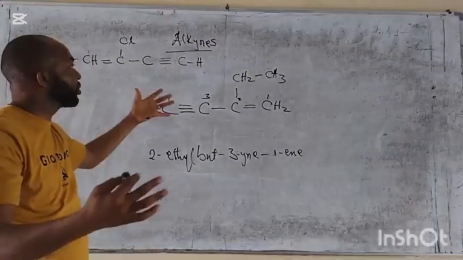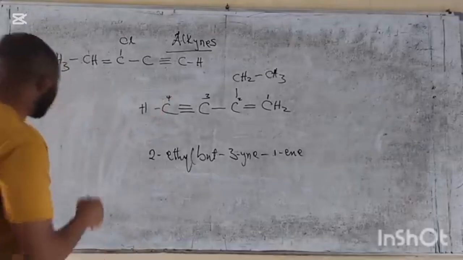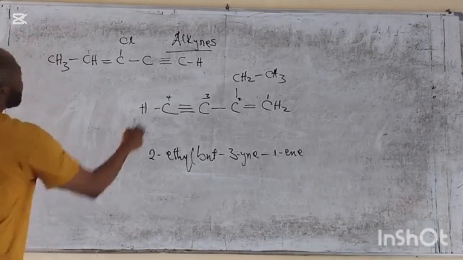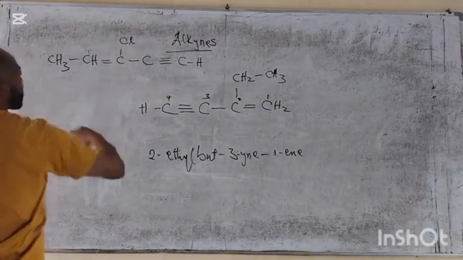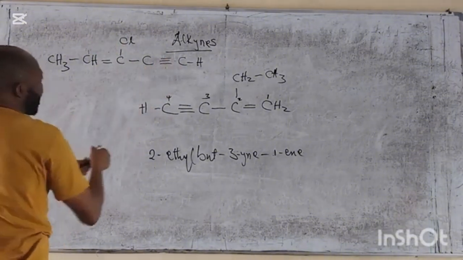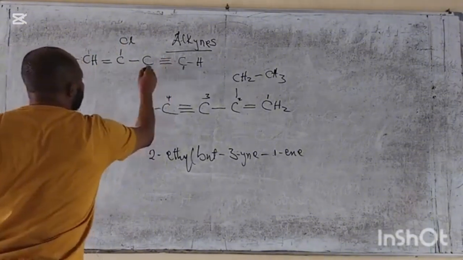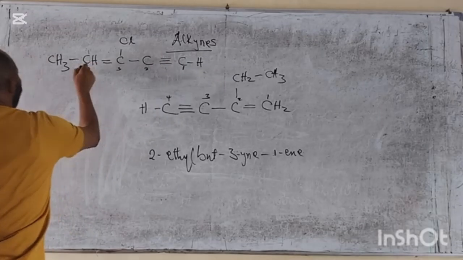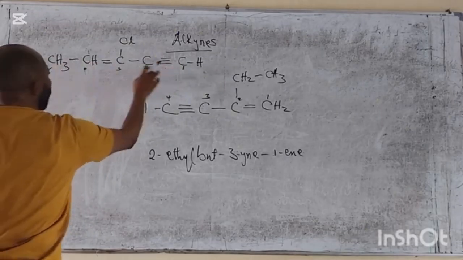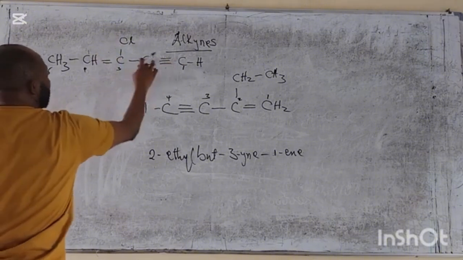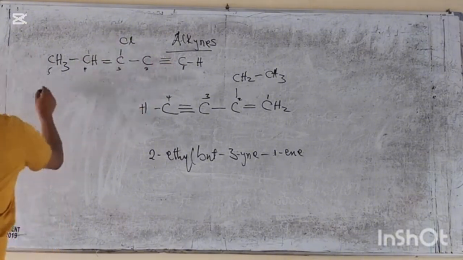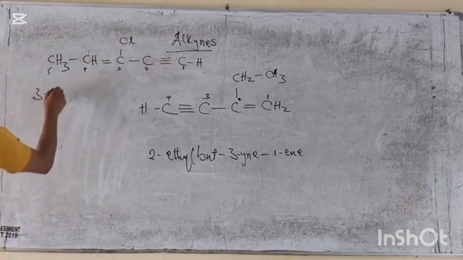The lowest possible number in locant, you must remember that. If this takes precedence, now I have to consider the substituent. 1, 2. So I can come from here, I have 1, 2, 3, 4, and 5. 1, 2, 3, chloro. Alright? 1, 2, 3, 4, 5. Let me write it. 3-chloro.